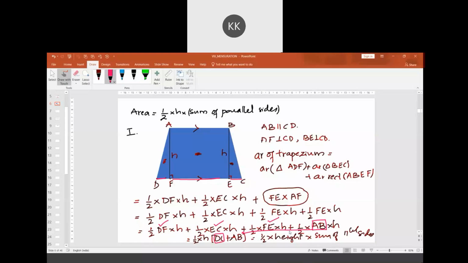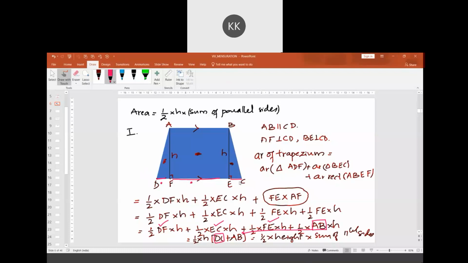Now any doubt? Sir, why can't we take AD and BC there, sir? Sir, here 1 by 2 into H bracket, DC plus AB is there, no, sir? Why can't we take AD plus BC, sir? Here we have the sum of these sides, DF, FE, EC.